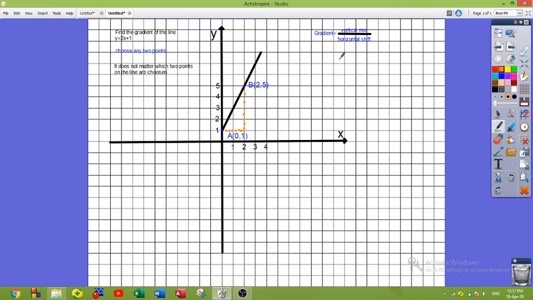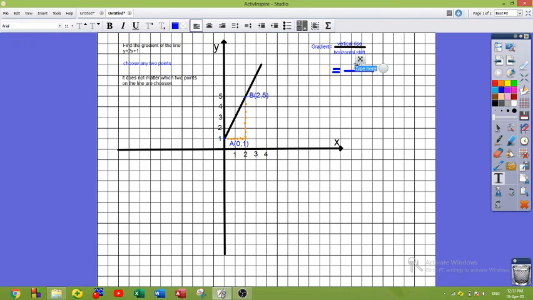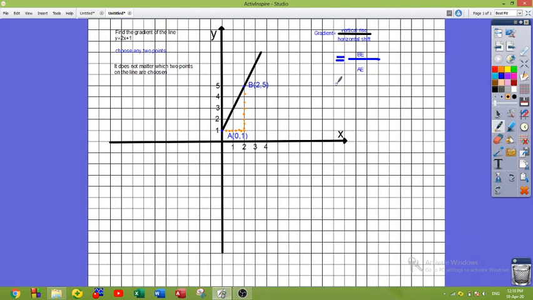Our gradient will be equal to BE over AE. Let's evaluate BE and AE.